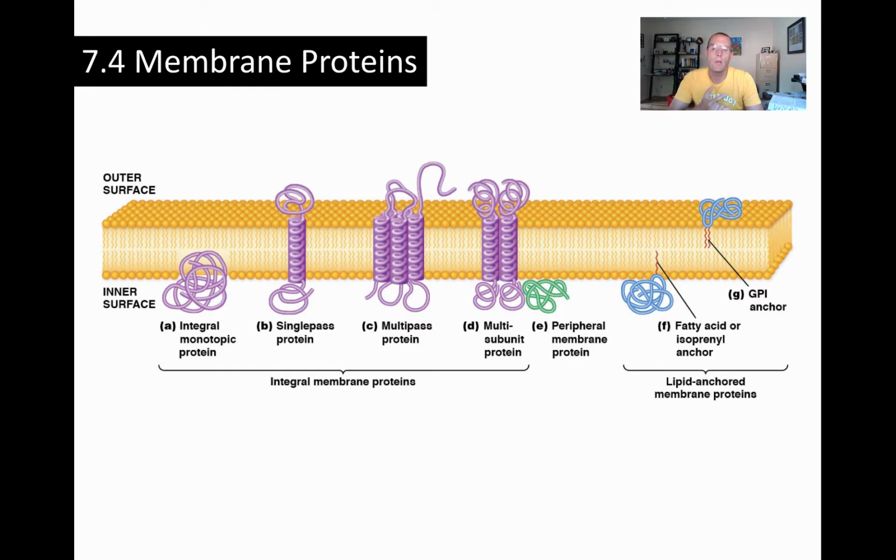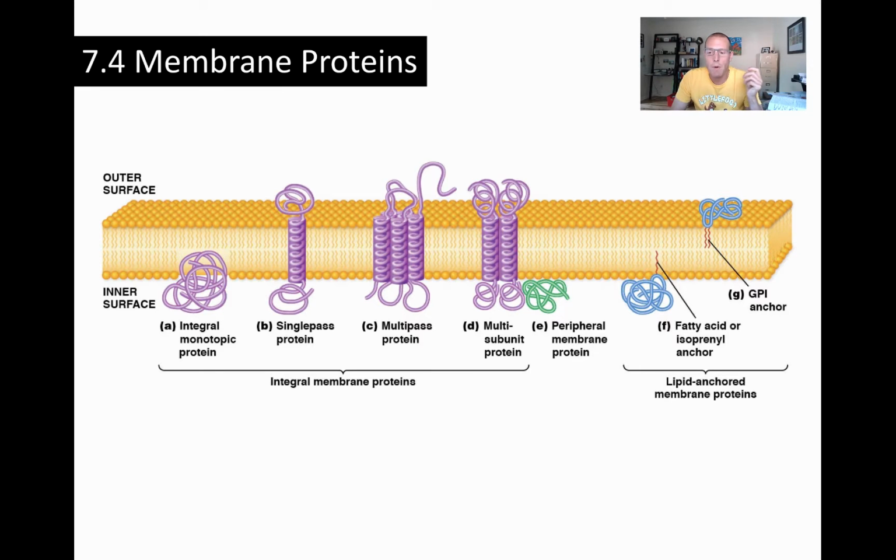So we've got three general categories that we can think about. Integral membrane proteins to start with, peripheral membrane proteins, and then lipid anchored proteins. Now, to be honest, I've often linked lipid-anchored and integral membrane proteins together, and that's how I learn it, but your book separates them, so we'll keep them separate, just so there's no ambiguity.